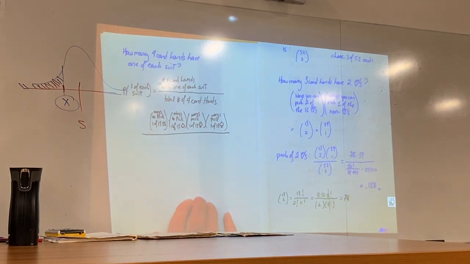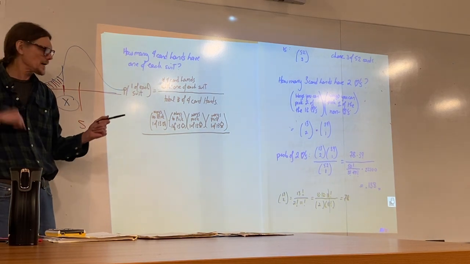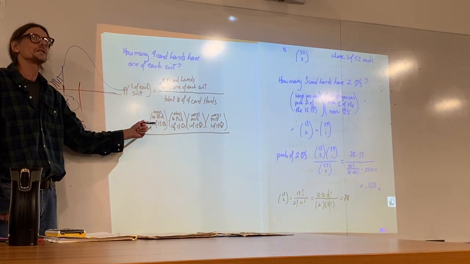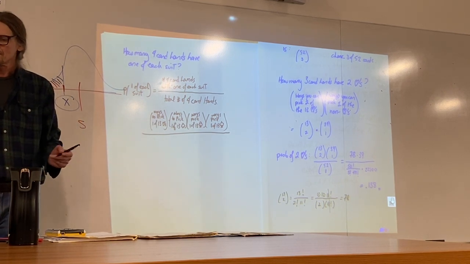Do you like that as the numerator? Each one of these is 13 choose 1, which is just 13.